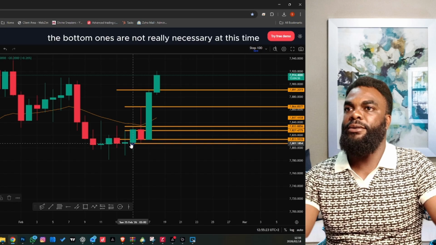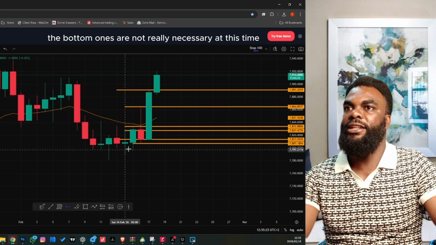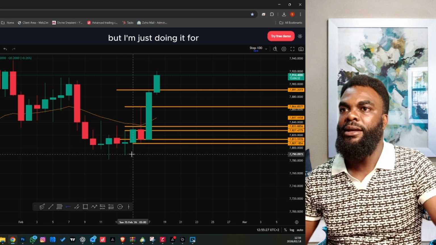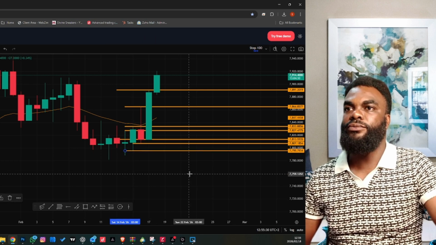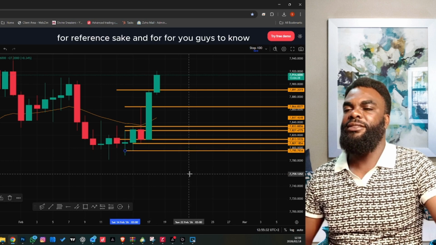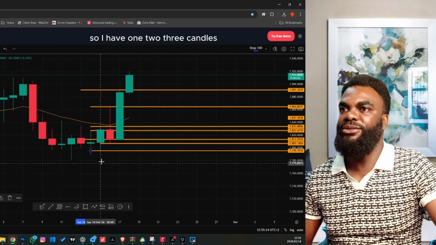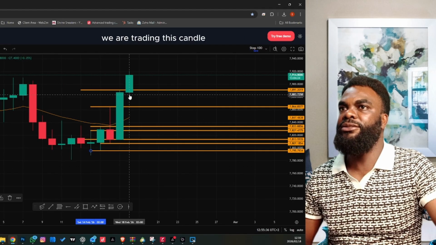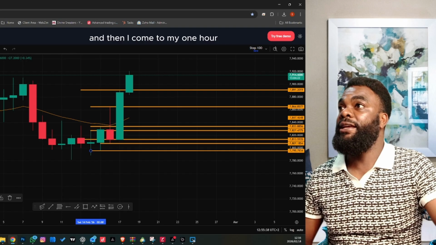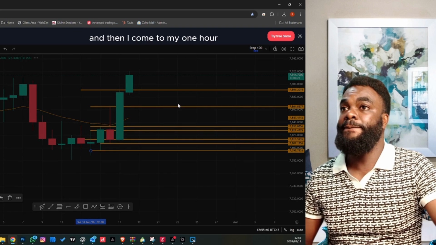Here we go. The bottom ones are not really necessary at this time because the charts are up, and I'm just doing it for reference sake and for you guys to know. So I have 1, 2, 3 candles. We are trading this candle, and then I come to my 1 hour.